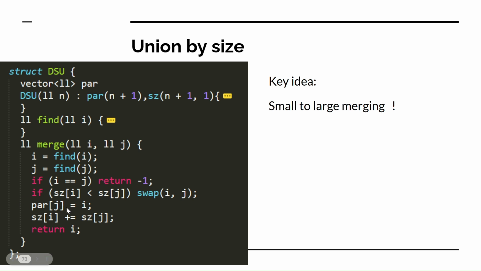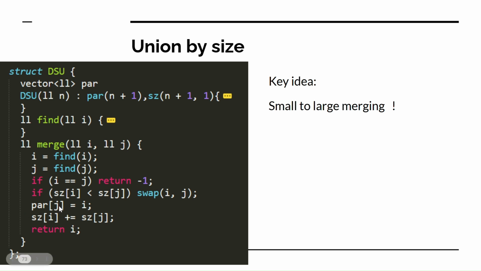So next line, what we want to do is that j's parent is now going to point to I. So a node will be connected from j to I. That is, a node from a smaller tree is going to point to the root node of the tree of bigger size. So the tree of smaller size is going to merge with the tree of bigger size.